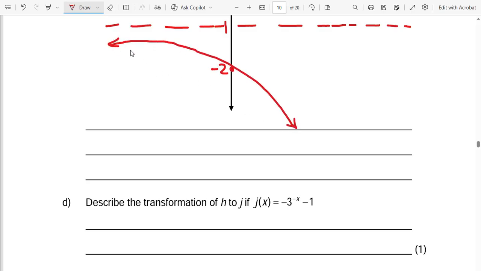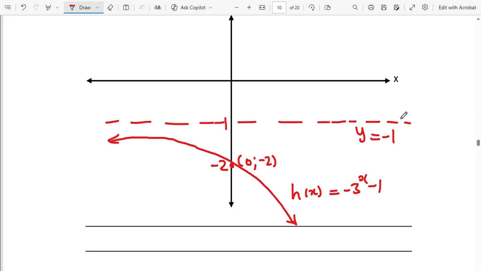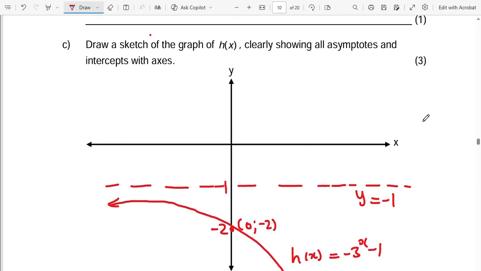I hope you guys are enjoying this one. Now you need to show that y is minus 1, and you also have to show the intercept, because there's a mark for that. Label your graph and say this is the graph of h of x.